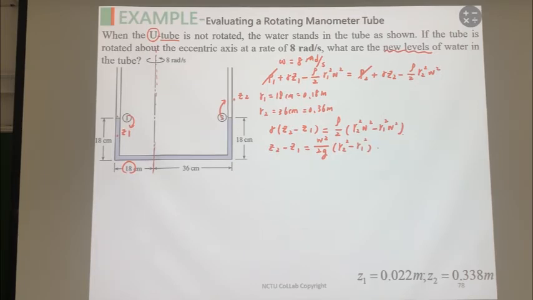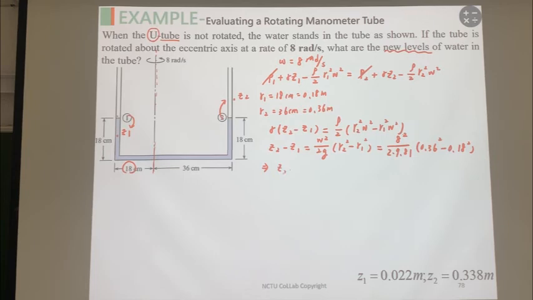Okay, and then you can put the numbers inside: Z2 minus Z1 equals omega squared, which is 8 squared, times 0.36 squared minus 0.18 squared, divided by 2 times g, which is 9.81.